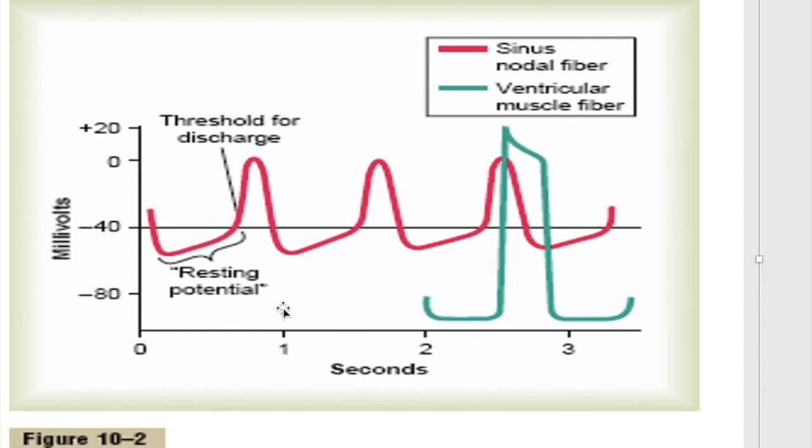Contraction of the different regions and chambers within the heart is carefully coordinated by a wave of depolarization. This wave of depolarization spreads from myocyte to myocyte throughout the myocardium via gap junctions, as you have already learned.